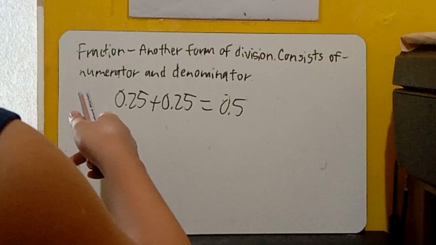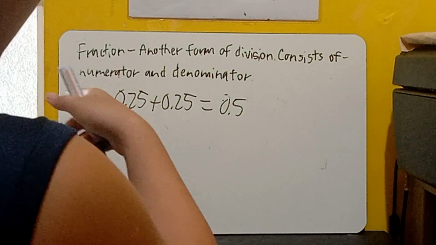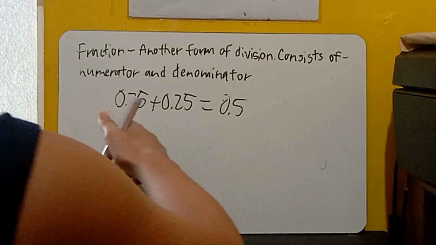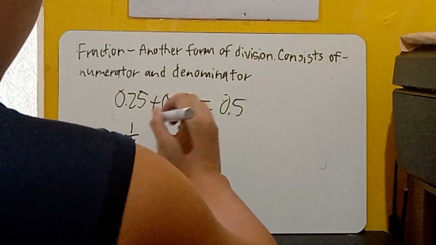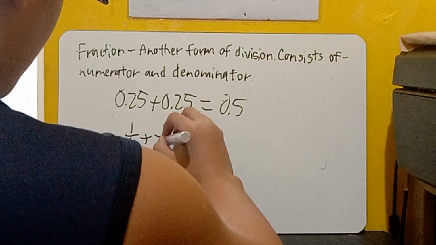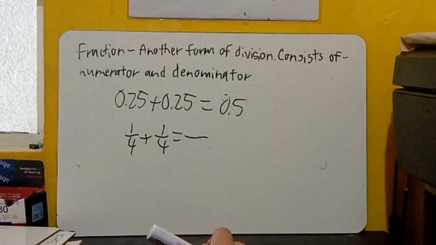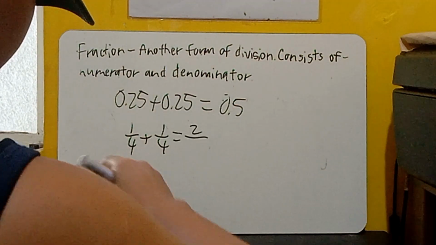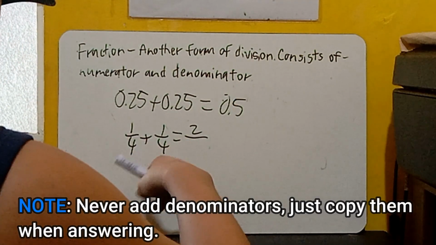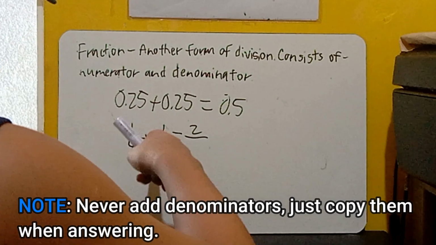But if we use a fractional form, the fractional form of 0.25 is 1/4. So it's going to be 1/4 plus 1/4. Well, what's 1 plus 1? That's 2, right? And 4, we just copy the denominator.